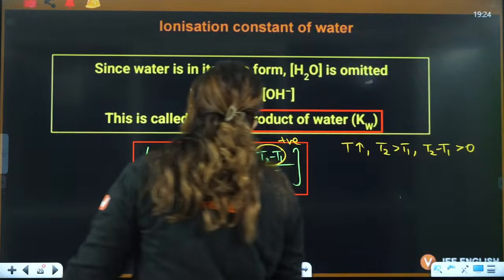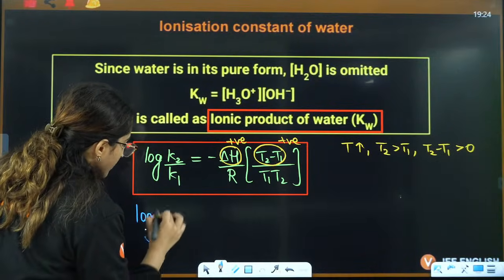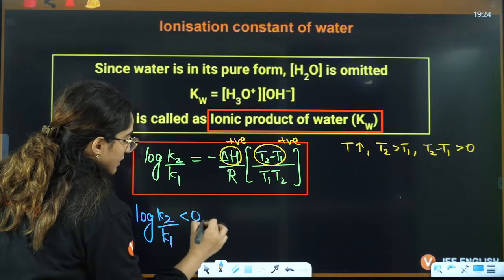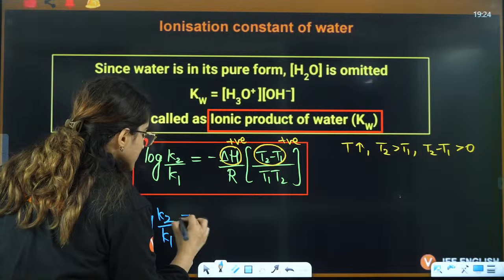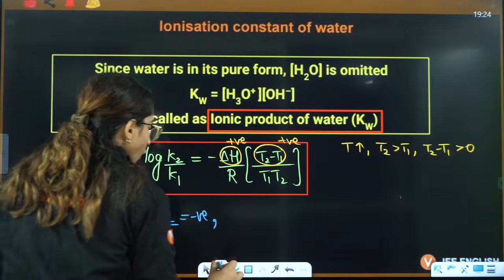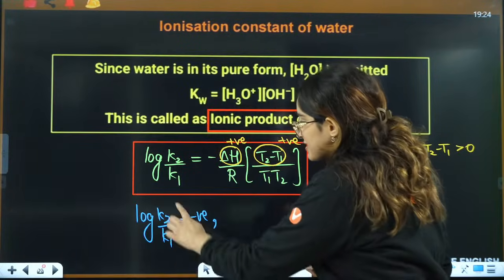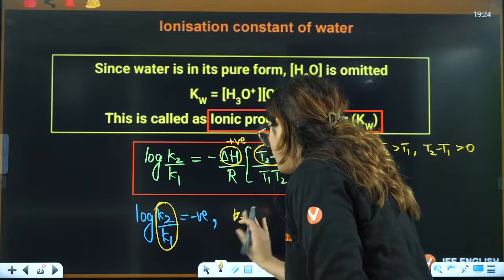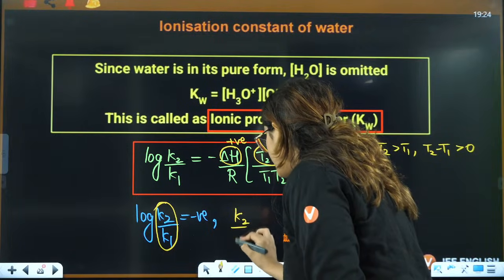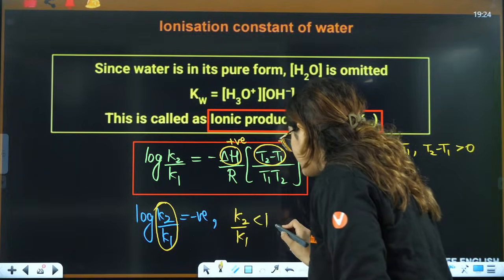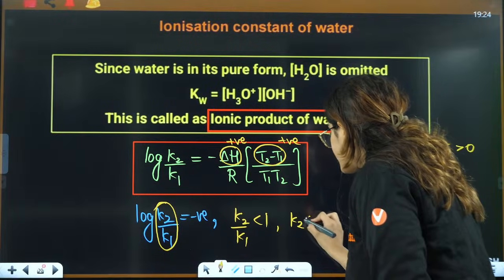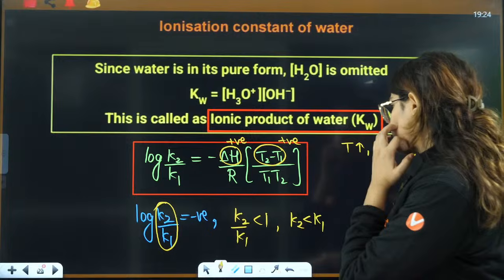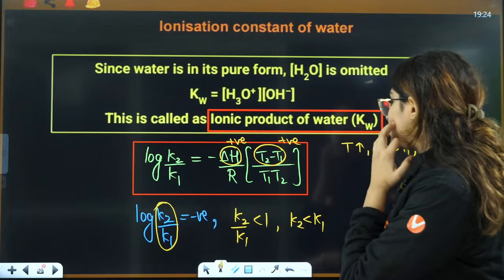That means, can I say log of K2 by K1 is negative? If log of anything is negative, that means that anything here is less than 1. That means K2 by K1 is less than 1. That means K2 is less than K1. Right? Wait a minute. Is this coming out to be negative or positive?